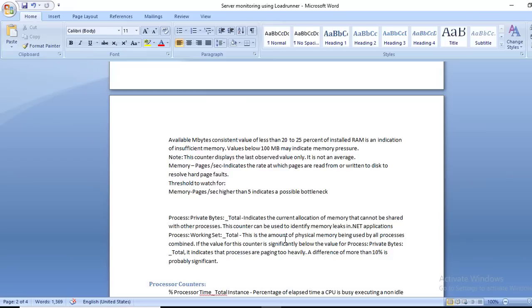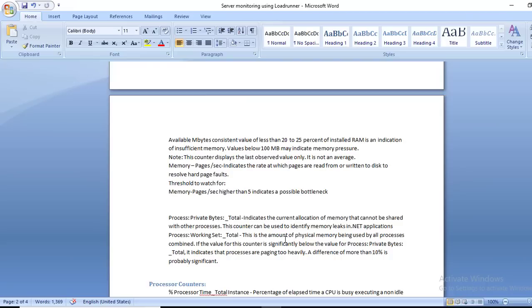The application may require more memory, but there is shortage of memory. So this is a memory leak. It can be described in more detail, but just for now we have to understand that shortage of memory in the application is a memory leak.